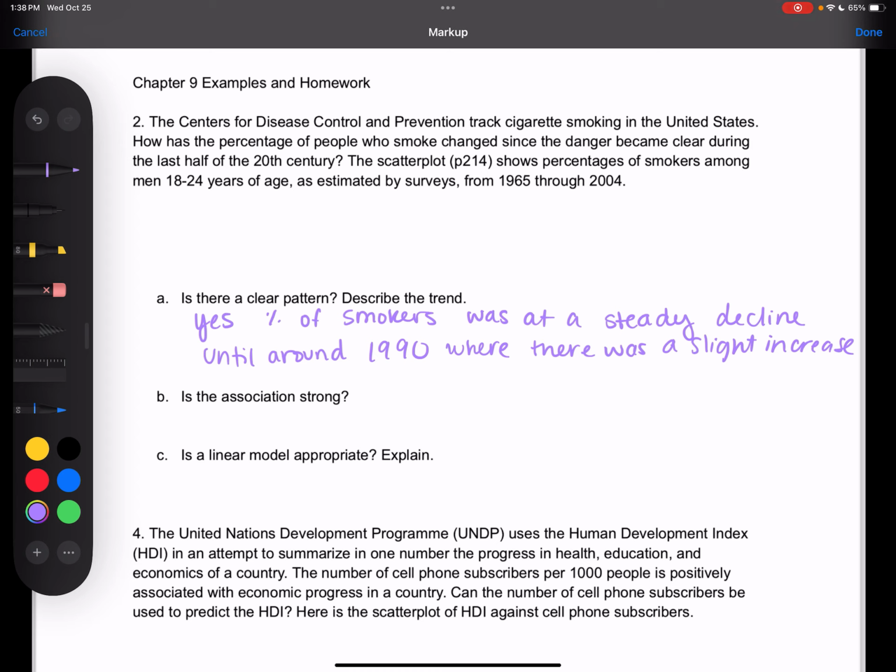Is the association strong? What kind? What would we call that? What do we call that shape? Yes, strong parabolic association.